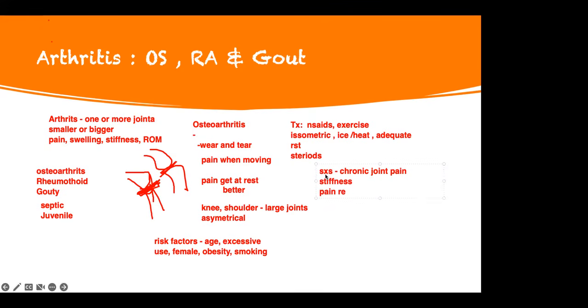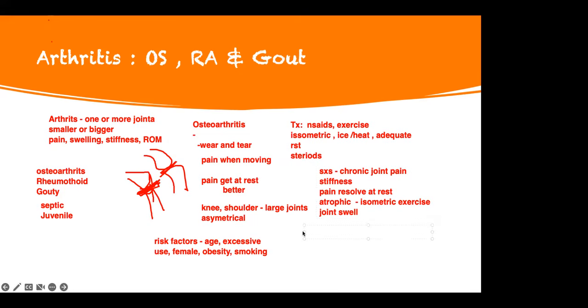Once again, I'm trying to emphasize that it resolves at rest, but worsens with movement. The muscle will be atrophic. That means the muscle will get smaller. That's why you need to do isometric exercise to improve it. The joint is going to swell. Those are all things you need to know about osteoarthritis.